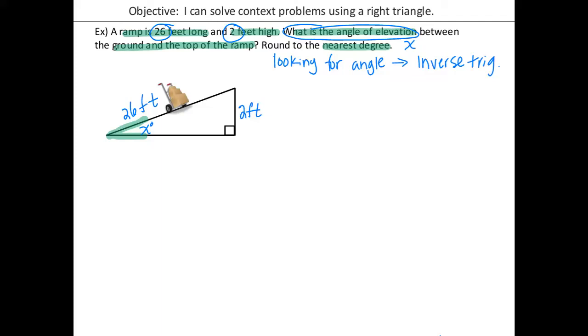But now that I'm looking for an angle, we're going to have to use inverse trig. Okay? We set it up the same though as just regular sine, cosine, tangent. SOHCAHTOA. Go label the sides as O, A, and H, and then figure out if it's sine, cosine, or tangent.